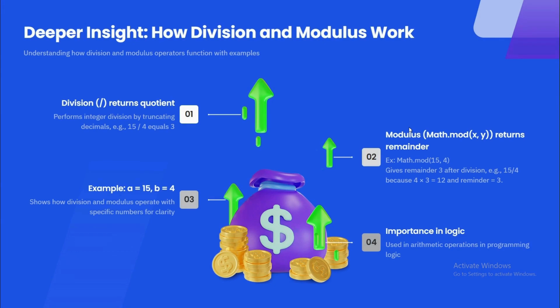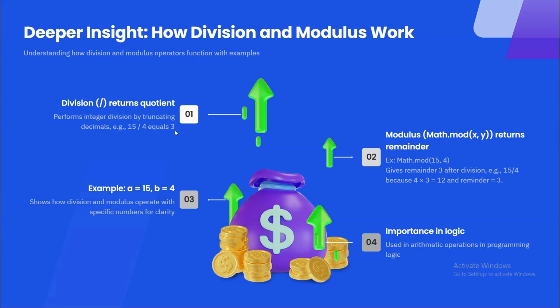In this slide we will get deep insights into how division and modulus work. The first point is division returns quotient. Let's say we have two variables, a equals 15 and b equals 4, and if we divide 15 by 4, it returns 3.